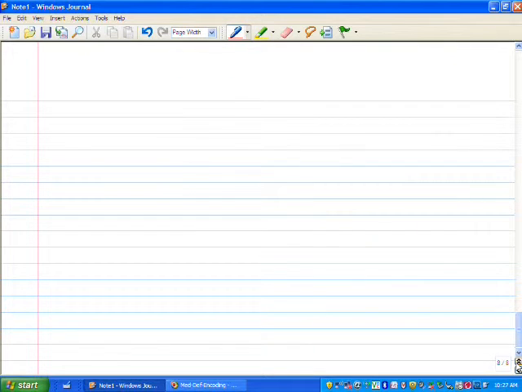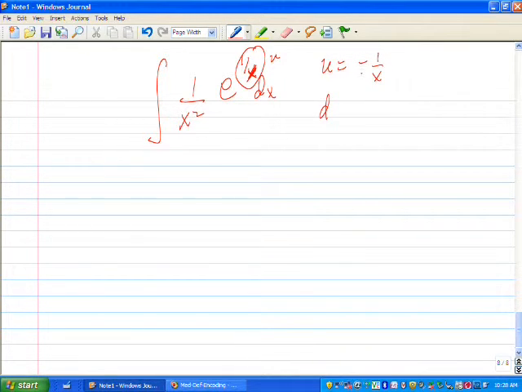And then finally, last example, the integral of 1 over x squared times e to the 1 over x dx. Notice that if you let u equal 1 over x, that du is equal to minus 1 over x squared dx.